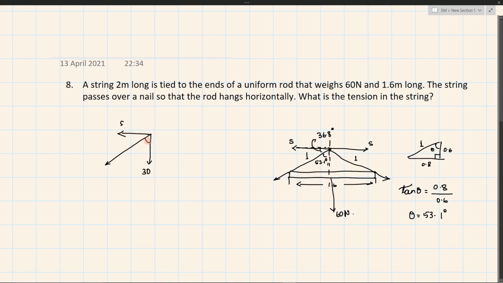So this angle is given by 53.1, this is 36.8. So this is the one that we'll have to find out.